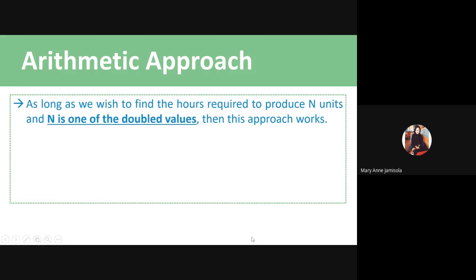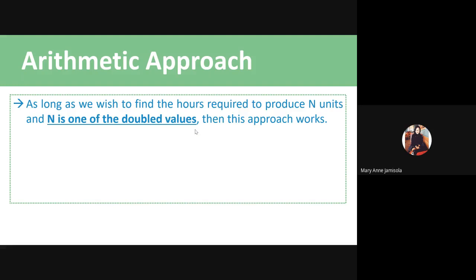Now, the arithmetic approach is only useful if we are to compute for the number of hours required to produce n units, and that n is one of the doubled values. It's like 1, 2, 4, 8, 16, and so on. But what if we are to look for the number of hours required for any unit that does not belong to the doubled values?